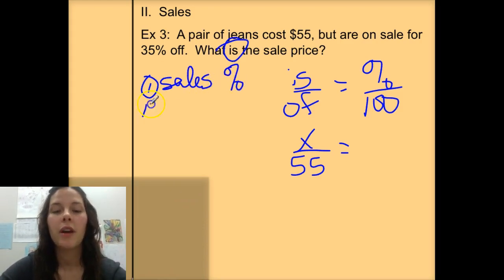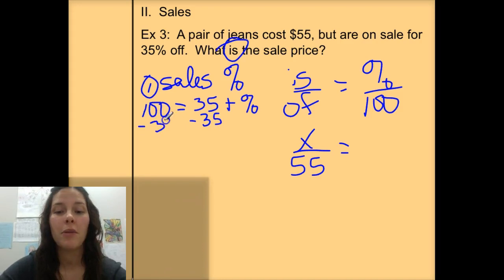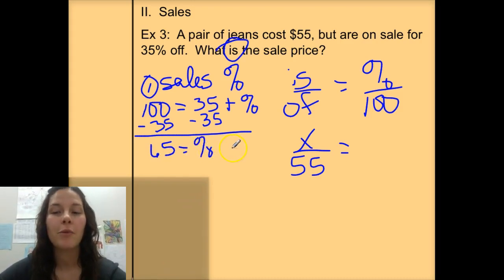So thinking about it this way, 100% of the jeans is the 35% off plus the percent that you pay. So to find the percent that you pay, you subtract the 35% that you aren't paying from the 100% or the total cost of the jeans. So in this case, we are paying 65% of the original price.